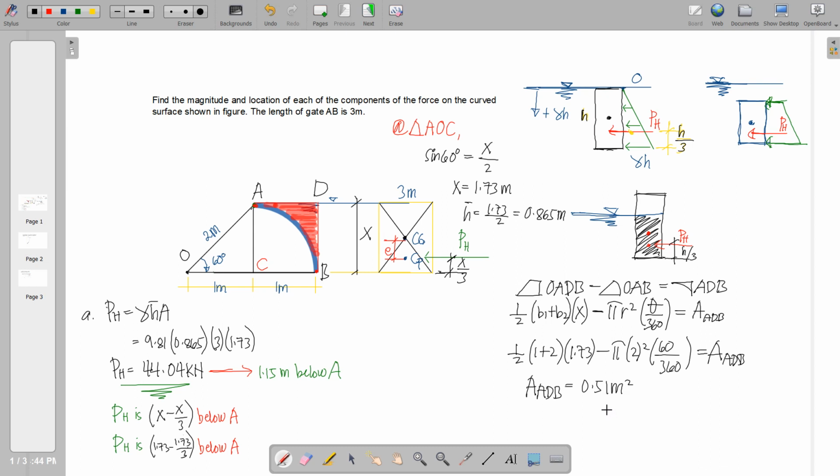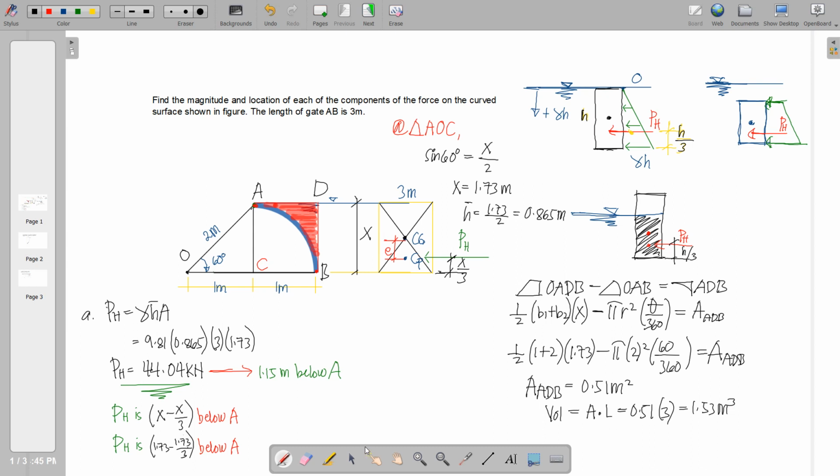Hence the area will be equal to 0.51 square meters. So to make it a volume, we need to multiply this by the width of the gate, which is 3 meters. So the volume is area times length. We have 0.51 times the length of 3, that is equal to 1.53 cubic meters.